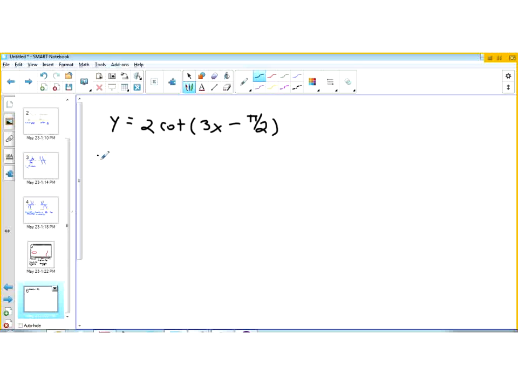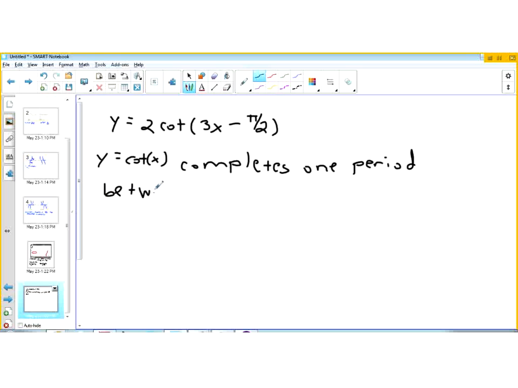The endpoints of one period are found as follows. For y equals cotangent x, one period is completed between x equals 0 and x equals pi.